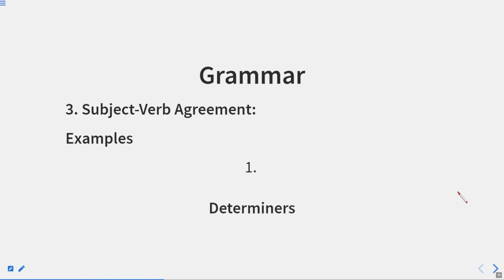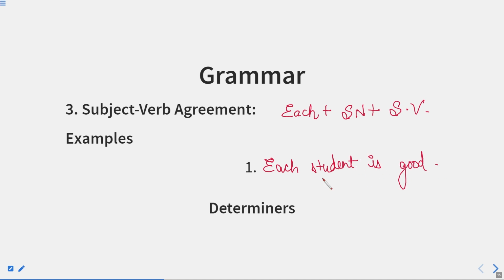Now, here is another thing, that is subject verb agreement. So we know very well that after each we can only have a singular noun and a singular form of verb. So if I say each student, it is like each student is good.